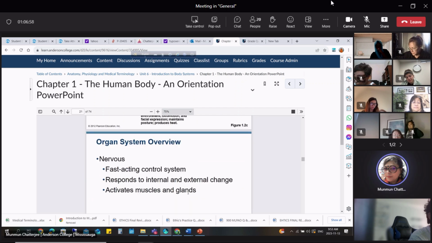Nervous system, it is the control system. That is mainly from the brain. So the nervous system includes the brain and the nerves. This is the first acting control system, immediate to the action, right? Like the stomach is not first acting.